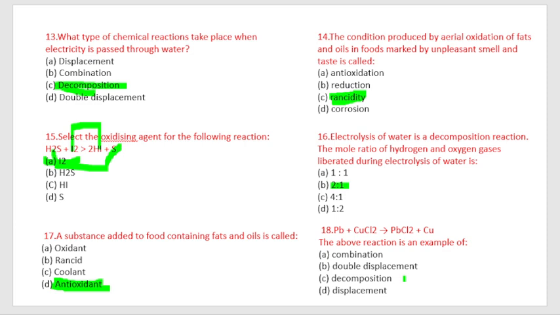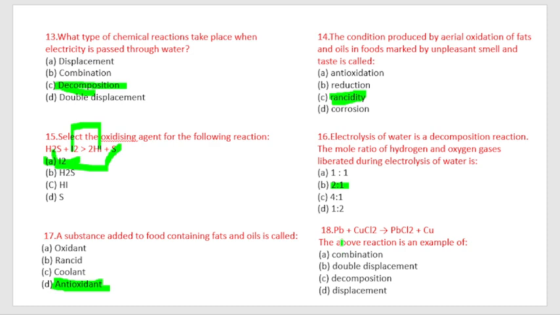And displacement reaction is there, double displacement reaction is there. What was a double displacement reaction? For double displacement to occur, we need actually a compound here, is it? CuCl2 is a compound. Such a compound we need here, then only there is a chance of double displacement or exchange of ions.